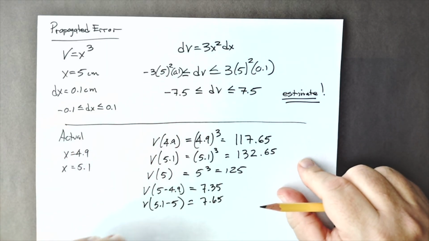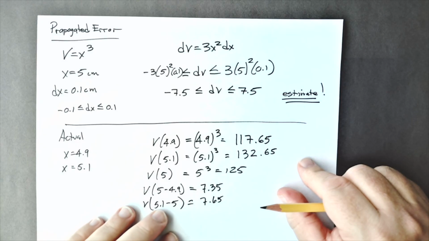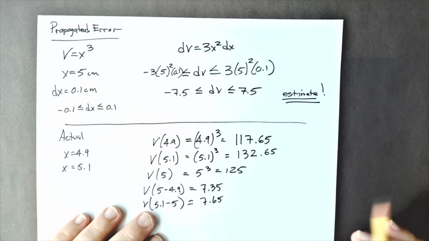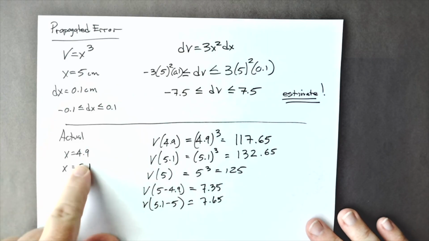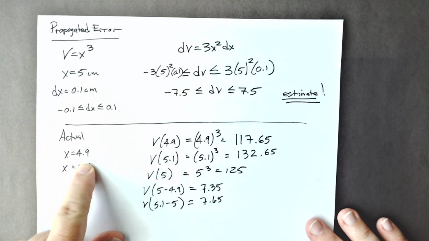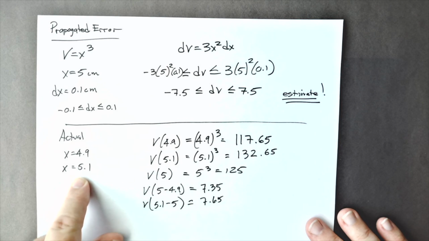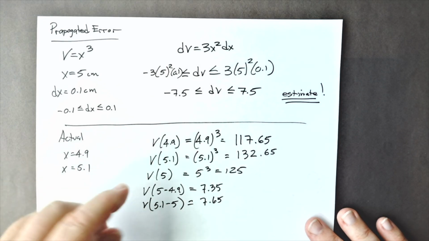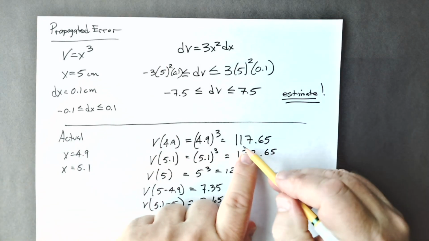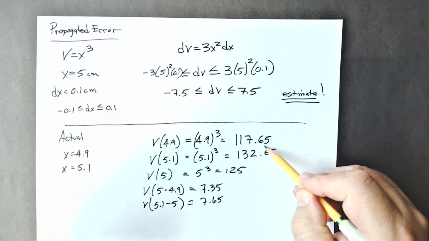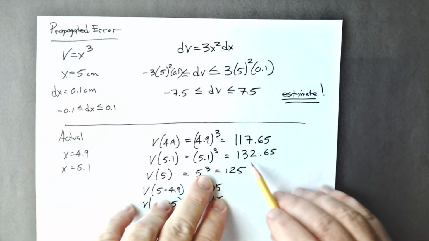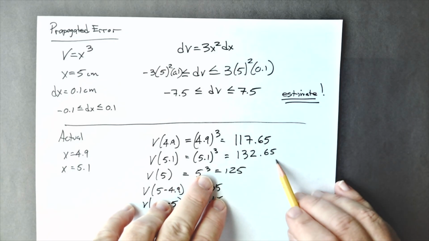Again, let's check the actual. What's the actual version of that? So meaning instead of 5, I'm computing at 4.9 and a side of 5.1. So compute the actual values. So 4.9 would get me a volume of 117.65. If I let that edge go to 5.1, I get a volume of 132.65.